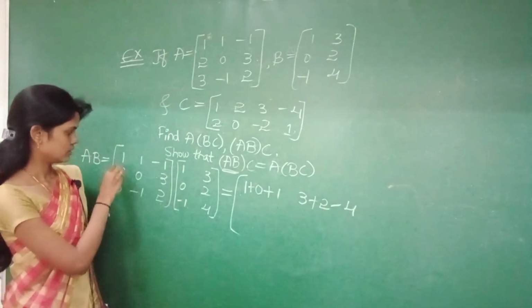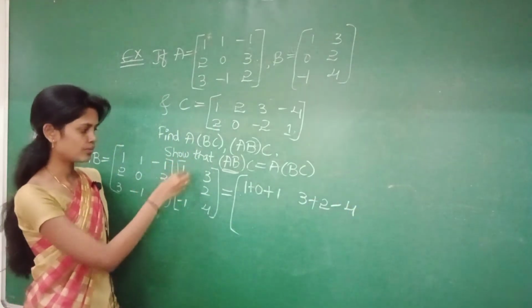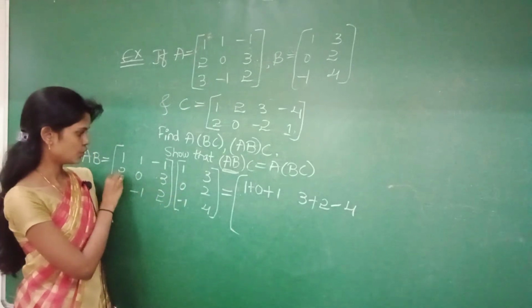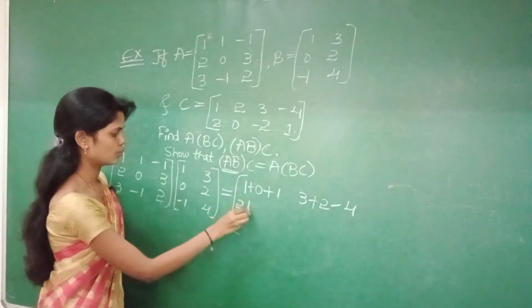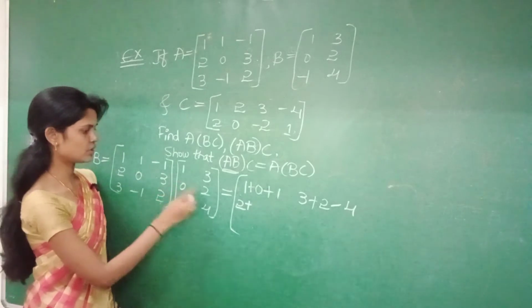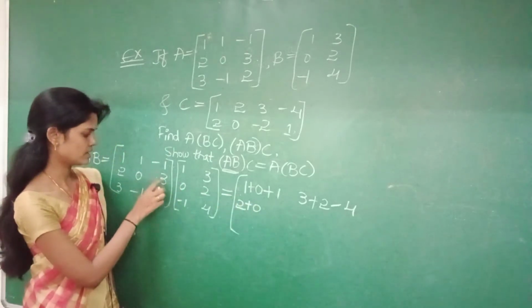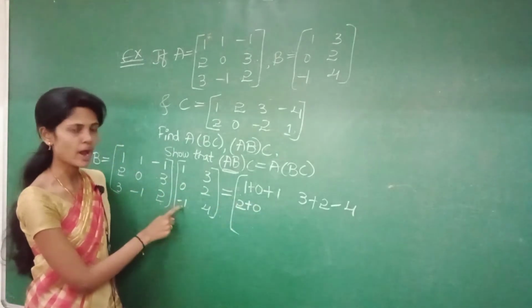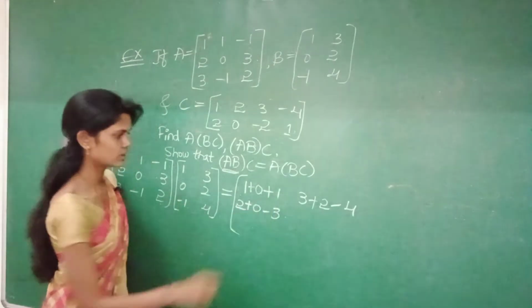Then second row, first column. So 2 into 1 is 2, plus 0 into 0 is 0, plus 3 into minus 1 is minus 3. Right?